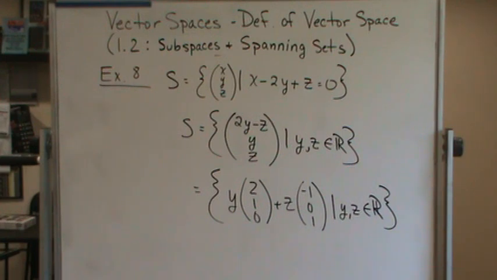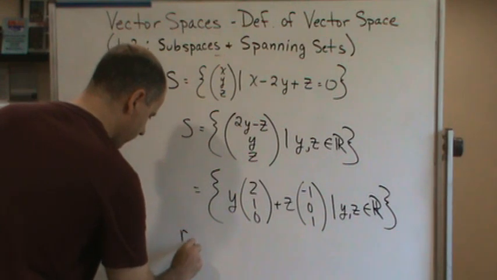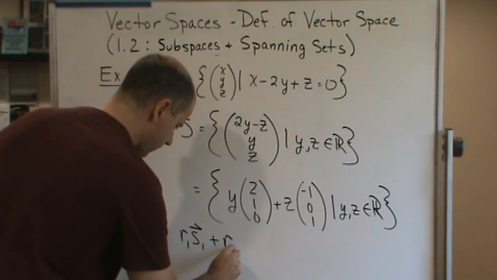Okay, so now that we have it like this, to show that this is a subspace, we're going to consider a linear combination R1 S1 plus R2 S2.